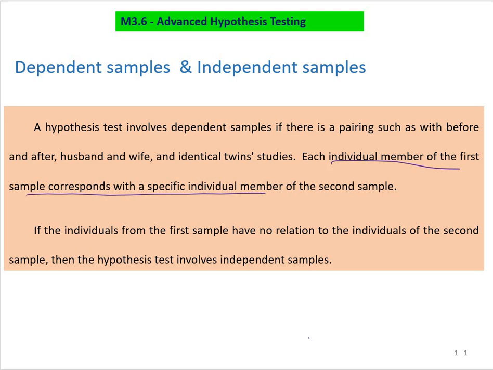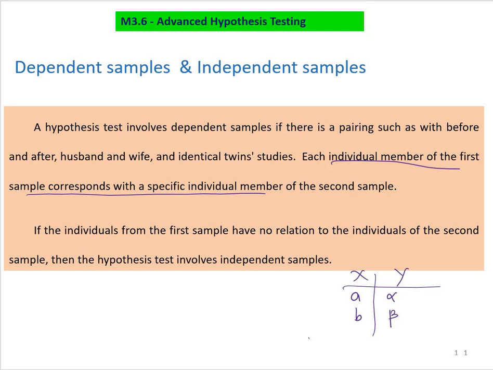If we have two samples, say X and Y, the first sample has A related to alpha, B related to beta, and so on. The first is the set of samples of husbands, and the second is the samples of wives. That means they are mutually dependent. That's why they are connected.